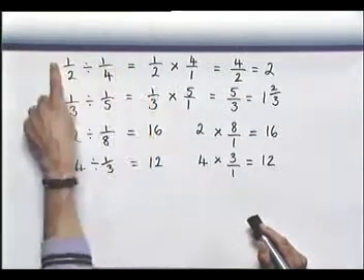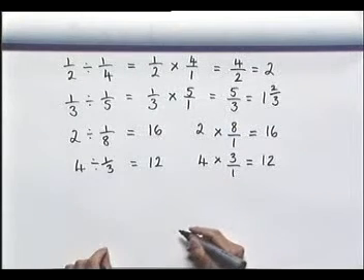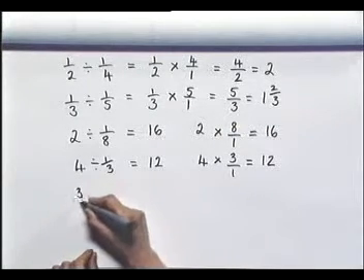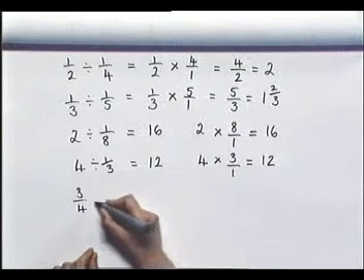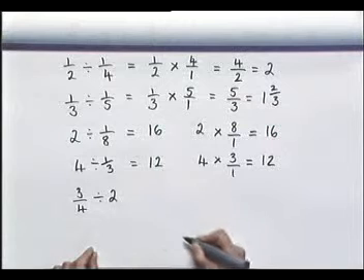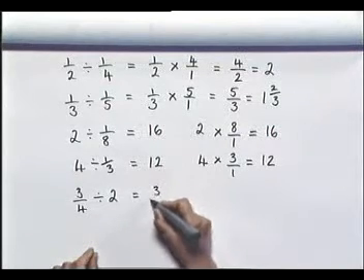Now, so far with our division, we've only looked at fractions with numerators of 1. Let's now look at some others. Let's say we've got 3/4 divided by 2. Same method, 3/4.